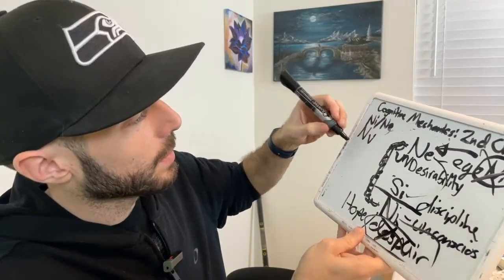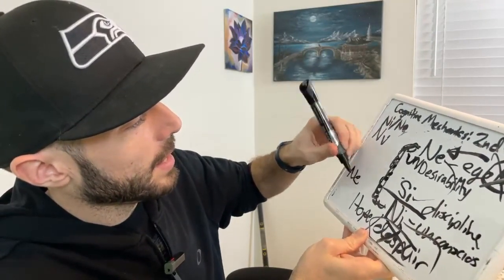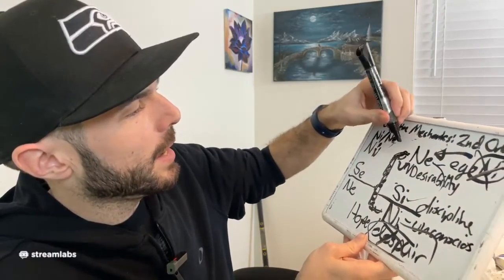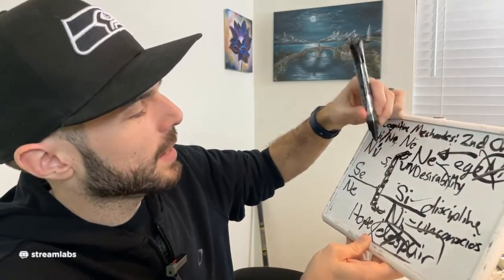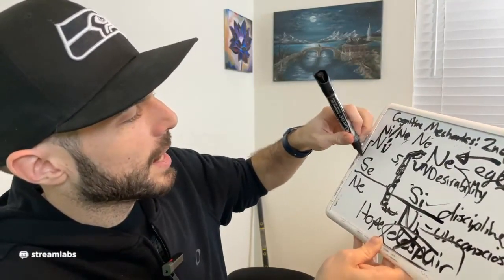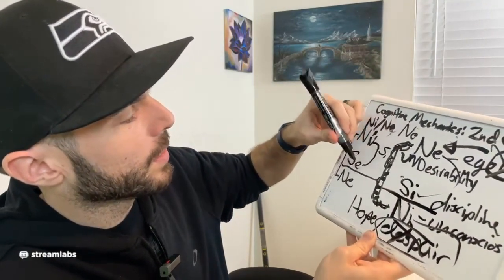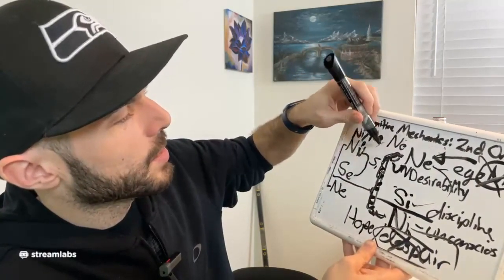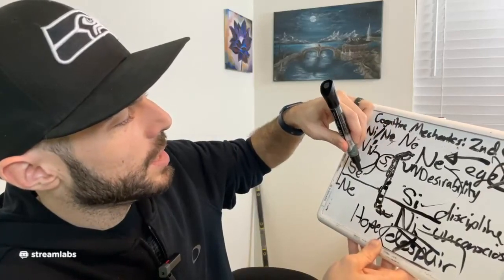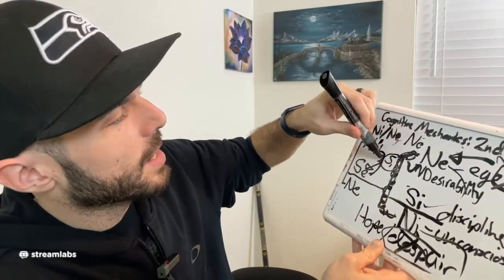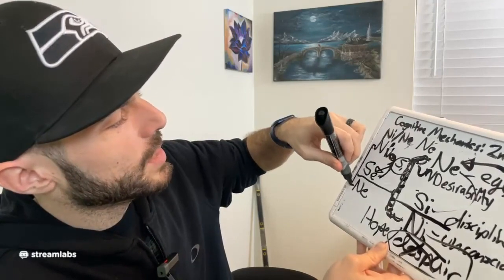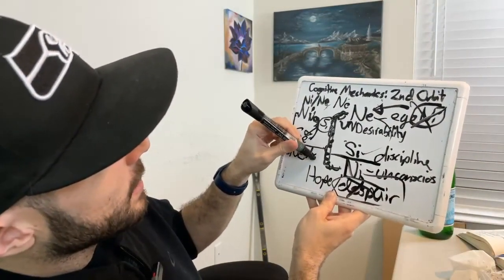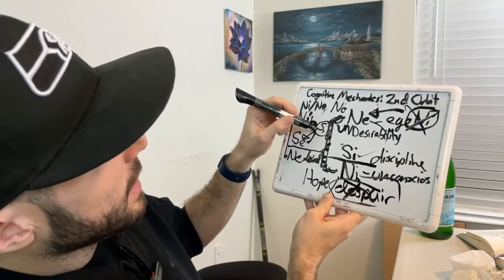So let's just review here. So we have NI, then we have NE, right? And then you have SE, right? And then NI, and then they have this NE-SI user out here, and then this NI is attached to this NE, and the NI is wanting the NE user, so the NE user gives attention, and attention gets to the SE, which then sends the energy up to the NI, which then sends energy down to the NE, and then the NE feels desired down here because they're getting attention.